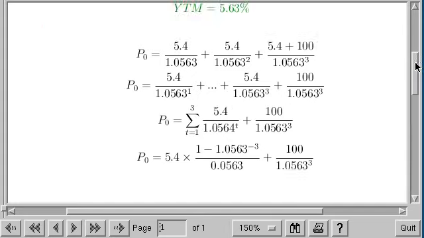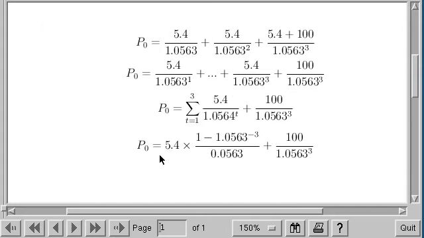This is what I do here. This first part here, before the plus sign, is the present value of a 3 years annuity of 5.4 discounted at 5.63%, and then we add the present value of the repayment. So this is the calculation we have to do.